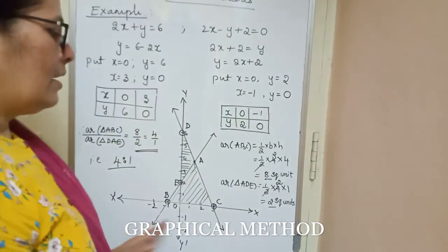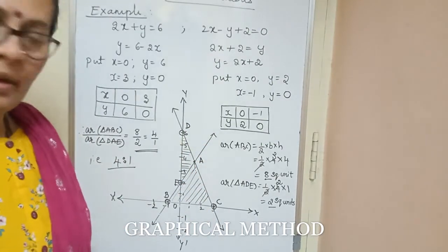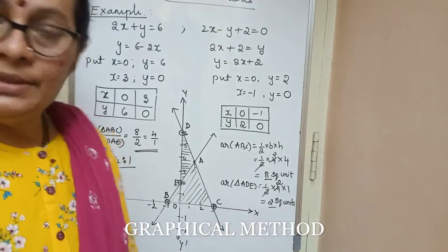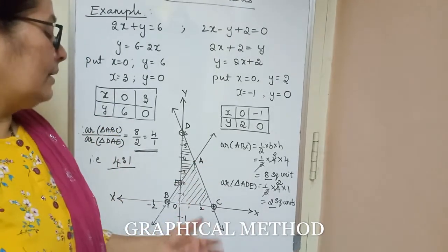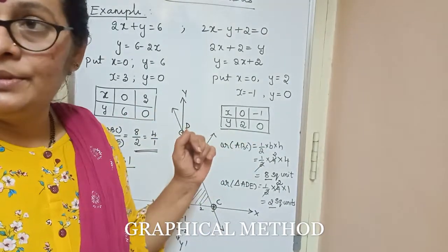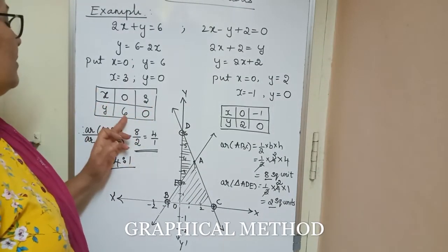Now, we draw the x and y axes as two reference axes, and divide the axes into equal units. Whenever locating these units, you have to go through the values. Now, see here, x is 3 and here y is 6.